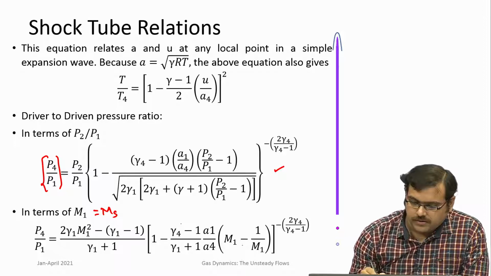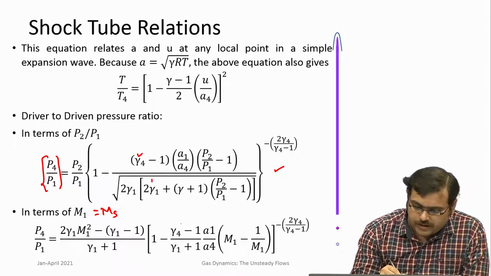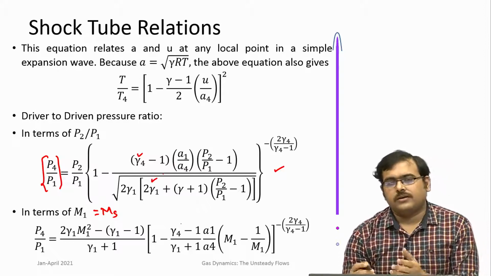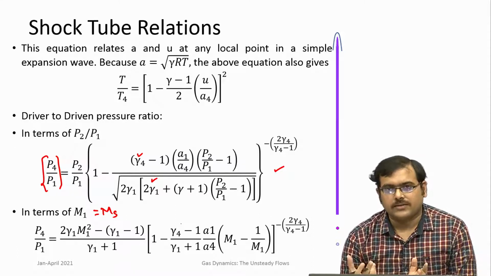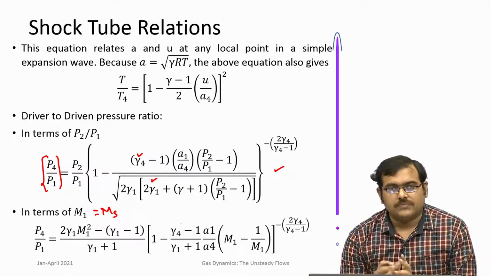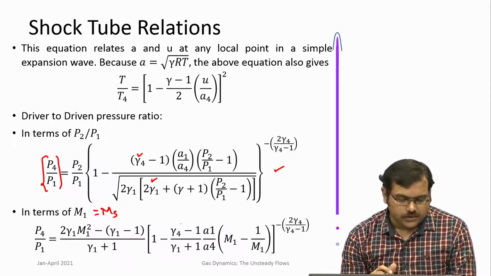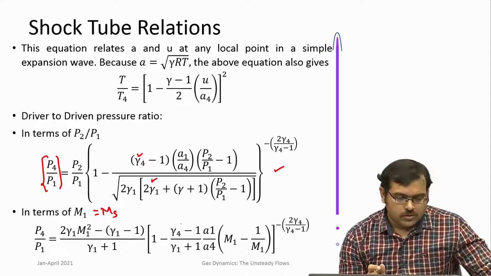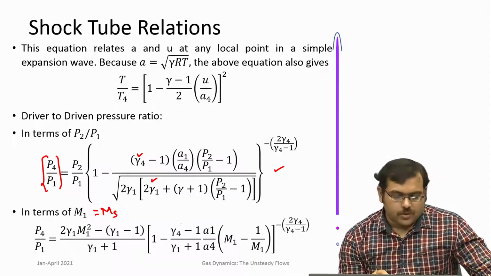So one has to be very careful with what gammas have to be put where, because in general the two sides of the shock tube need not have the same gas, so need not have the same gamma and need not have the same acoustic speeds also. Okay, so one has to be careful when using these equations.